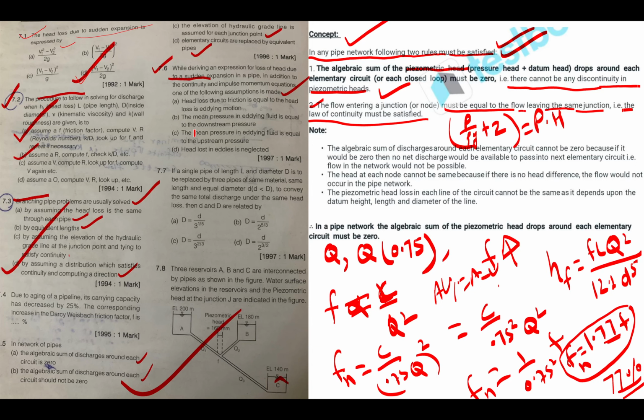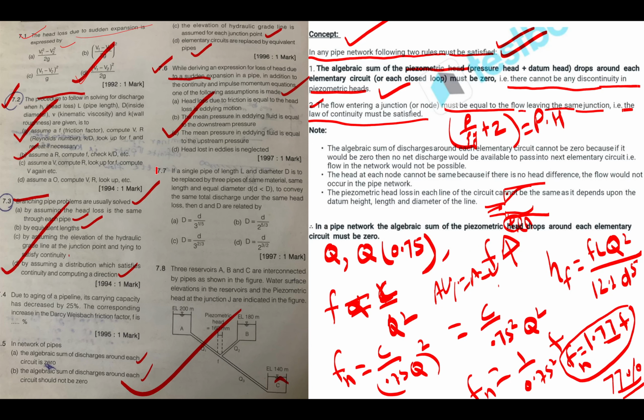Yes, definitely, because during the derivation we assume that if this is the flow, some eddies will form here, and the pressure here is P1, that is we consider the pressure from the upstream side. So option C is correct.